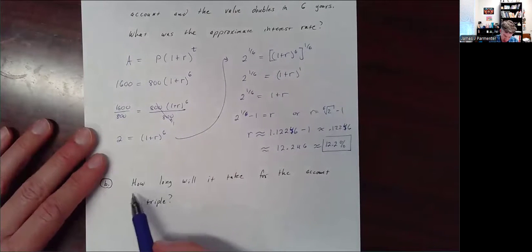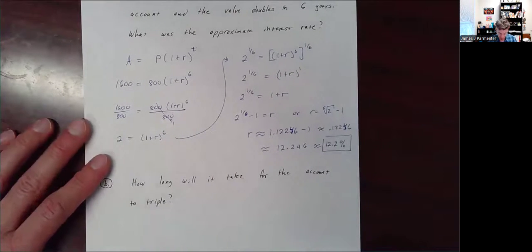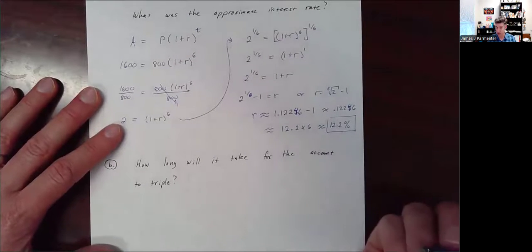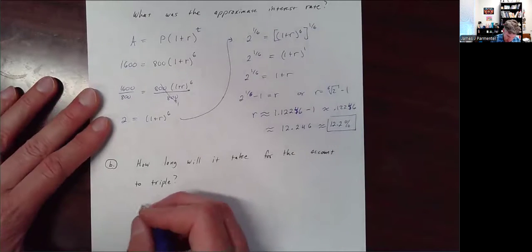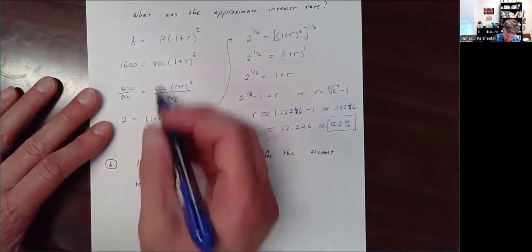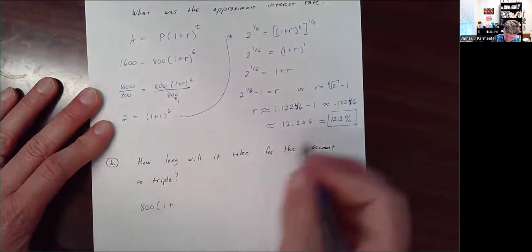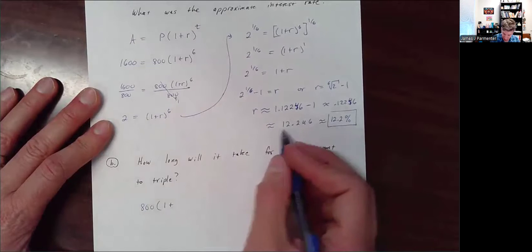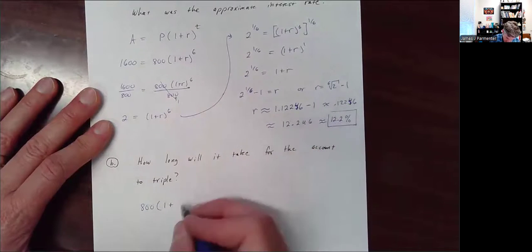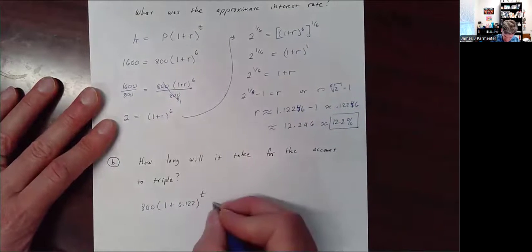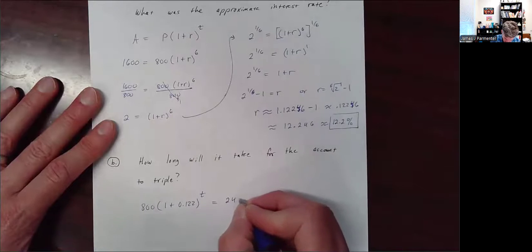All right, how long will it take for the account to triple? So now we're going to use this percentage, and I am just going to use the approximation of it. I want everything else here to be the same. So I'm going to have the 800 times 1 plus my percentage as a decimal, so 0.122, raised to how much time it's going to take. I want that to triple the initial amount, so that's going to be 2,400.